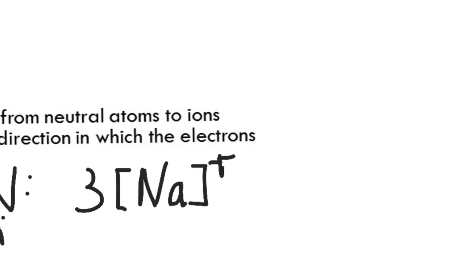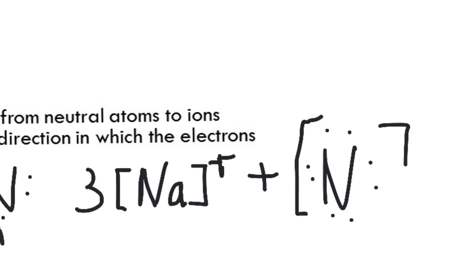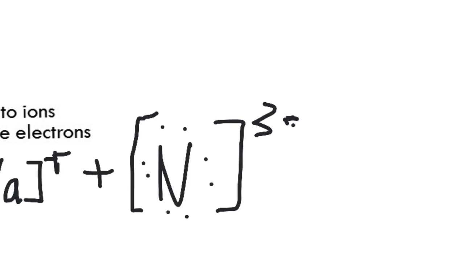And that goes with an N that has a full octet and happens to be 3 minus. Which gives us a final compound, Na3N.